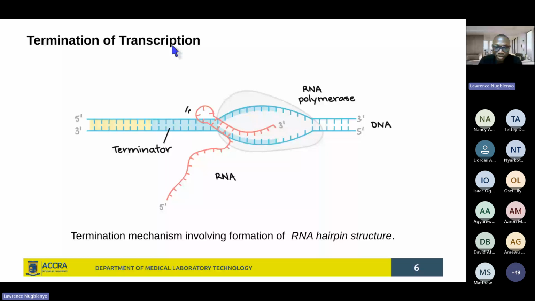And what we are seeing here is an example of what we saw when we were looking at the secondary structure of RNAs, the hairpin structure.